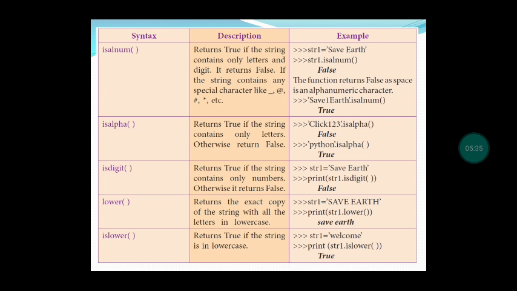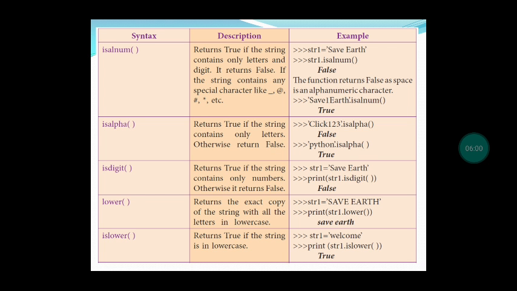Next function is isdigit. If the given string contains only digits, it returns true. If it contains alphabets, it returns false. The example is given for the string "save earth". Only alphabets are there, so it returns false.